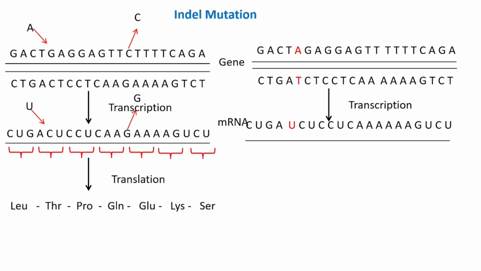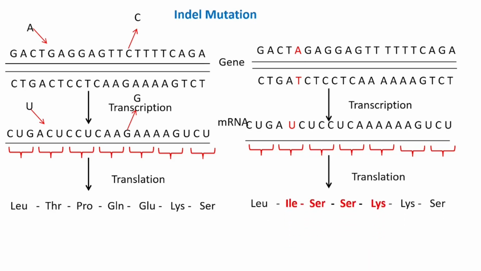Since each codon in the mRNA is again of 3 bases, and we have seen that the genetic code is without punctuations, the insertion or deletion will change the entire reading frame, and as a result of that, all the codons are going to change. On translation, the protein formed will have a change in the sequence of amino acids, which can be seen in red only between the point of insertion and the point of deletion.